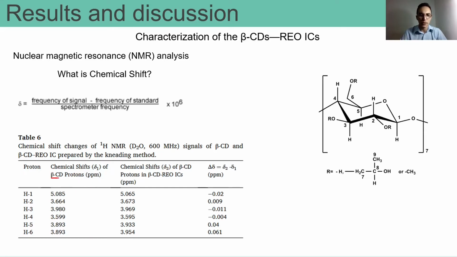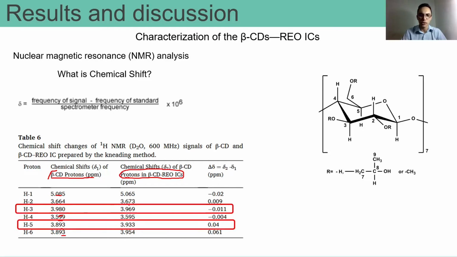For the beta-cyclodextrin protons, just the beta-cyclodextrin, we have one disposition of the protons. And for the protons of the inclusion complex of beta-cyclodextrin, we have a different position.